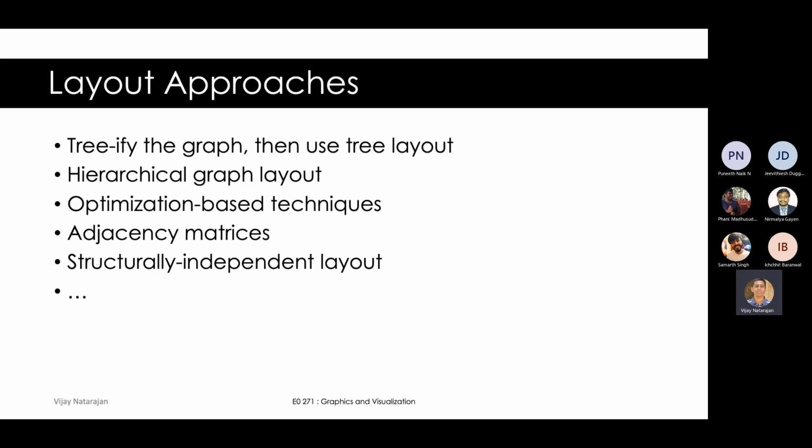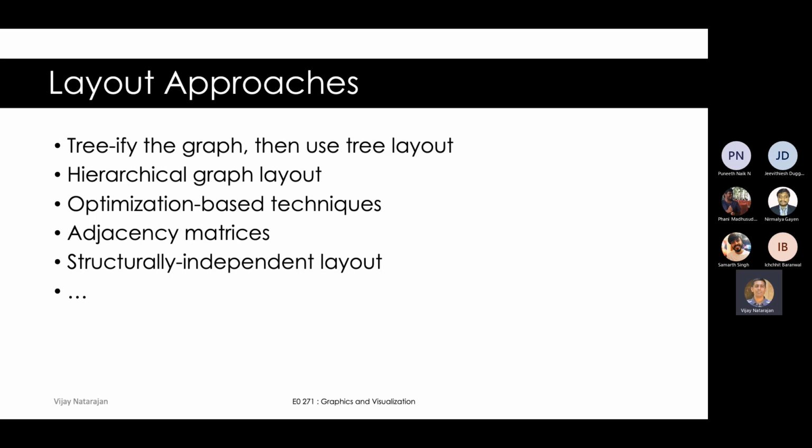There are multiple approaches that have been tried for graph layout, followed by visualization. I'm going to talk about 3 or 4 of them here. The first approach is to reuse what is known already. So try to what's called treeify a graph. Find some natural root and find a hierarchical representation of nodes in the graph.